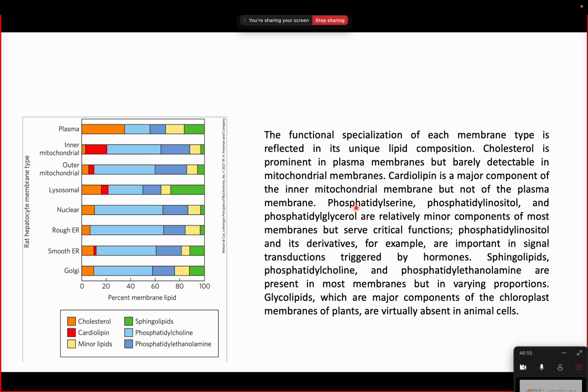Phosphatidylserine, phosphatidylinositol, and phosphatidylglycerol are relatively minor components of most membranes but serve critical functions. Phosphatidylinositol and its derivatives, for example, are important in signal transduction triggered by hormones. Sphingolipids, phosphatidylcholine, and phosphatidylethanolamine are present in most membranes but in varying proportions.